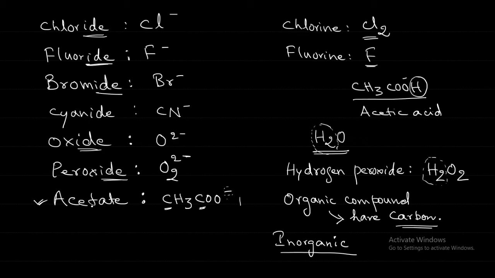This COOH is the acid group, carboxylic acid. So here it means that there are two such groups, COO, linked like this. This is carbon, this is carbon, these are oxygens. Okay, this particular compound is oxalic acid.